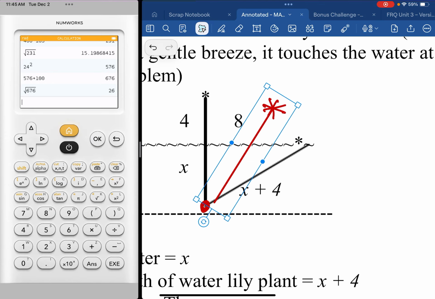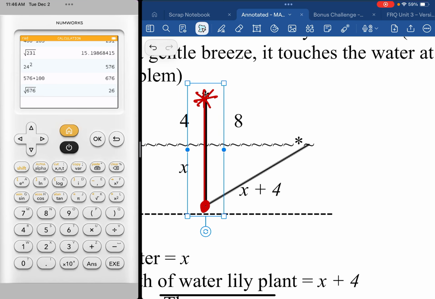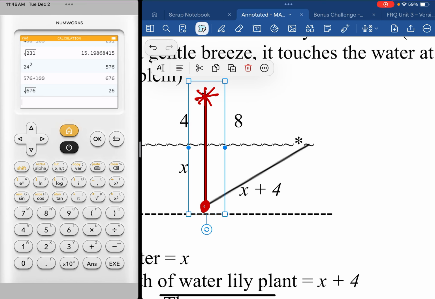So whatever the depth of the water is, because it's rooted in the base of the riverbed, I guess, and then growing to a certain height above the water, that would be the total length of it.